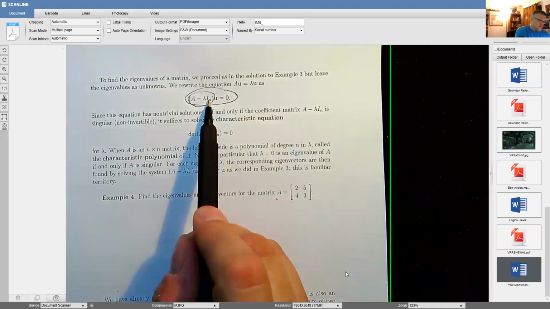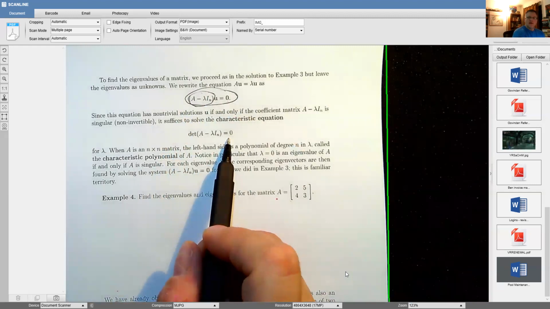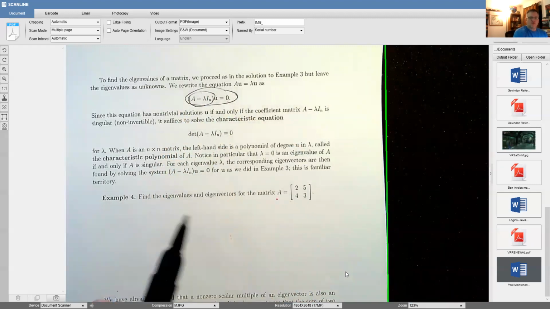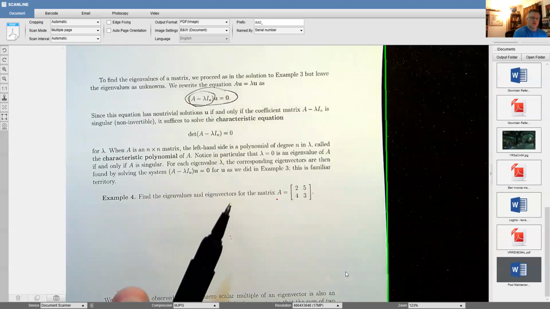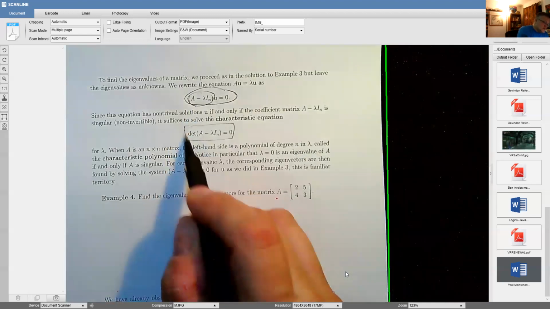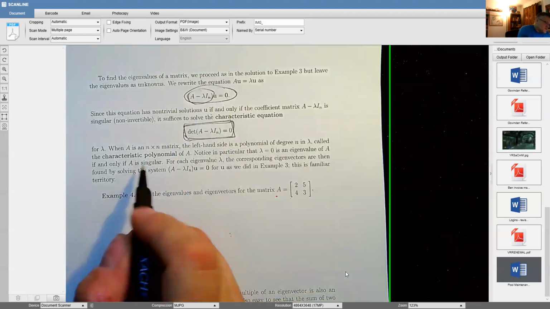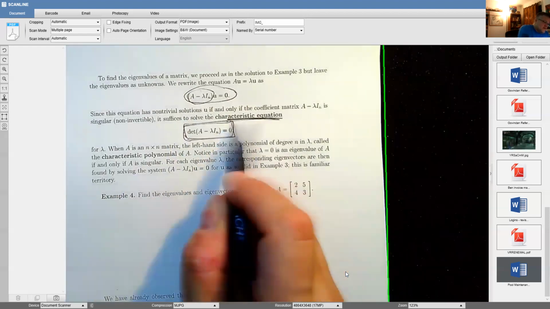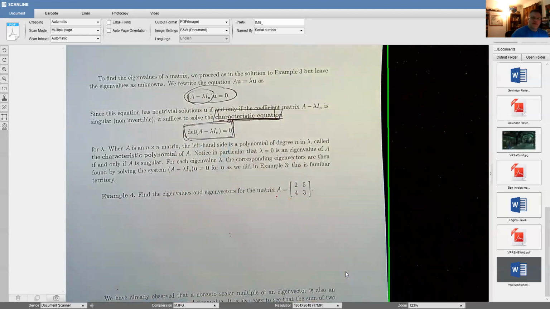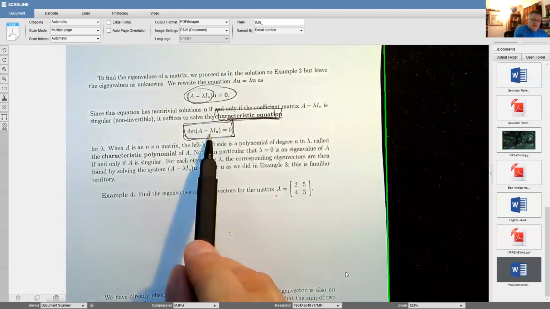If it's not invertible, its determinant is zero. Remember, that was that equivalence that we had back with invertibility. A matrix B is invertible if and only if its determinant is nonzero. So the only interesting case is when this is equal to zero. All right. And so we call that the characteristic equation, just a new term that we give to that because it's important. It characterizes what the eigenvalues are. And notice the only unknown here is lambda, right?